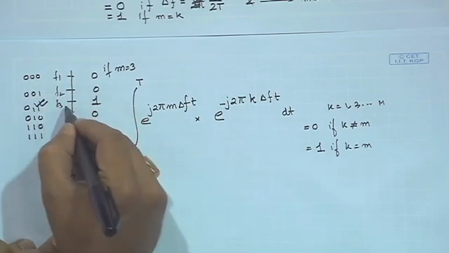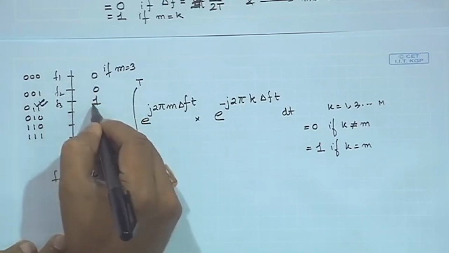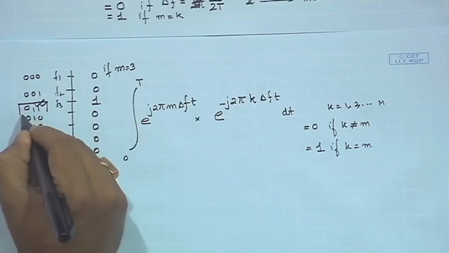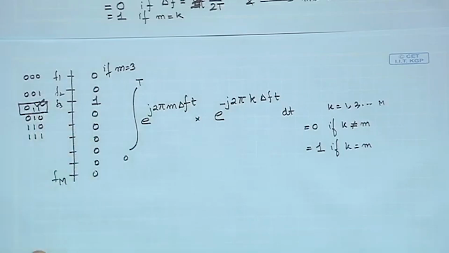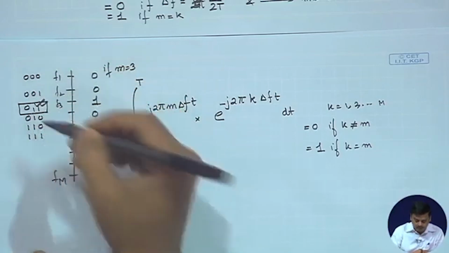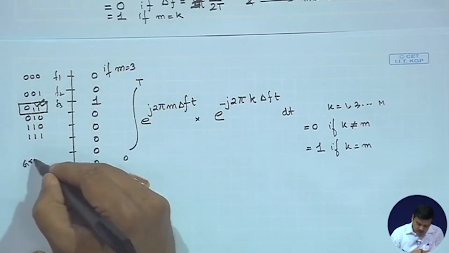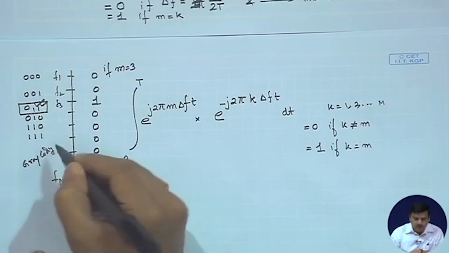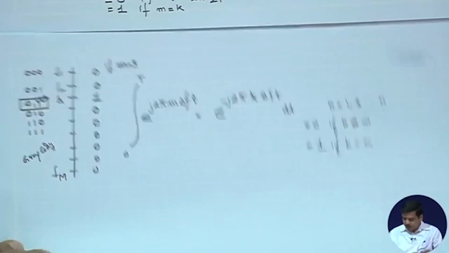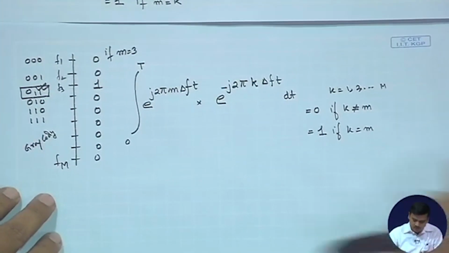Since we have identified that f3 has been sent, we would immediately decode that the bit sequence at the transmitter must have been 0 1 1. And if you note carefully, I have been trying to generate a gray coding pattern over here. So, you could still use gray coding if you are very keen about it, and we will also find out the minimum distance, of course.